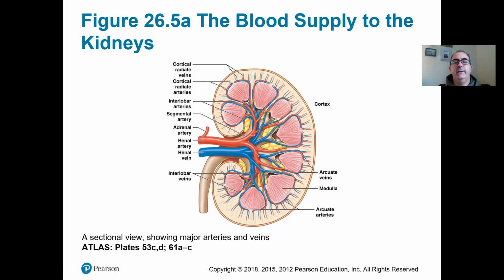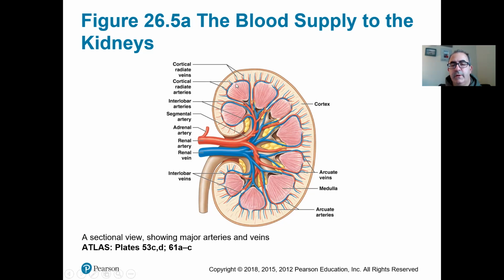The clean blood is going to travel backwards through all those same veins, the same names as the arteries, except they're veins. It's going to go back through cortical radiate veins, arcuate veins, interlobar veins, then segmental veins, though I don't think you really have segmental veins, then back to the renal vein, back to your heart.